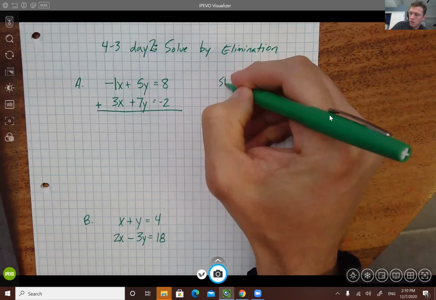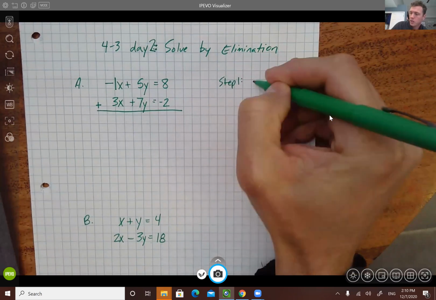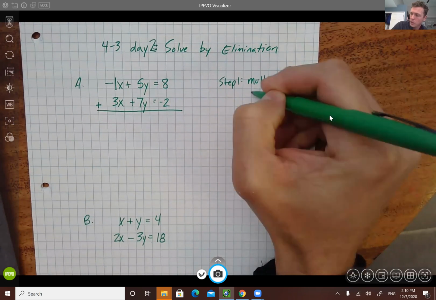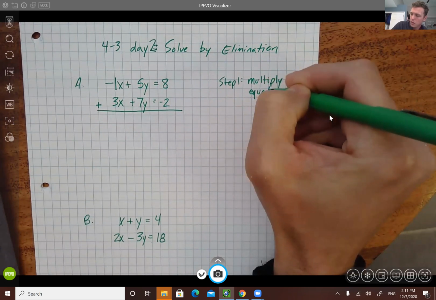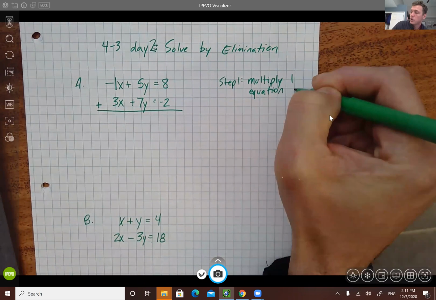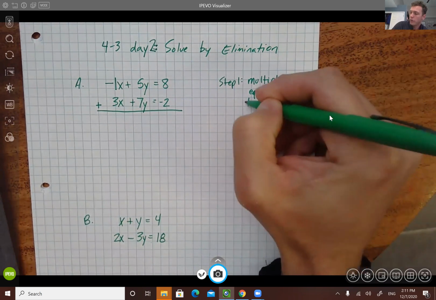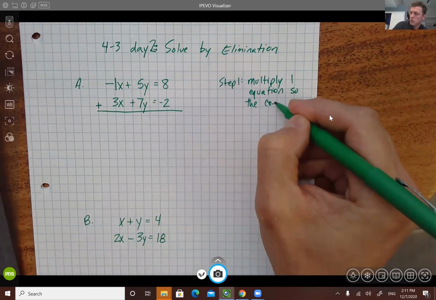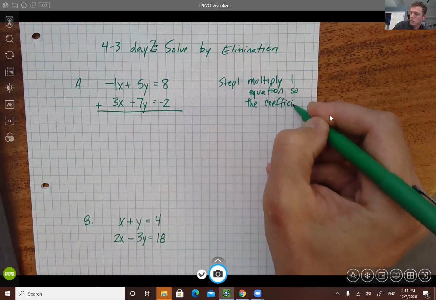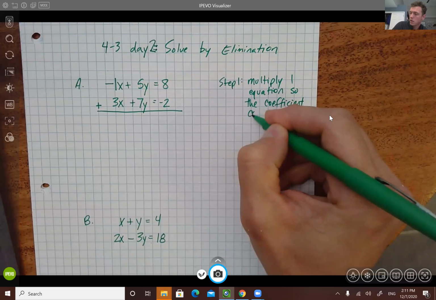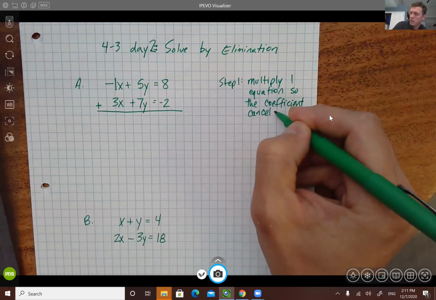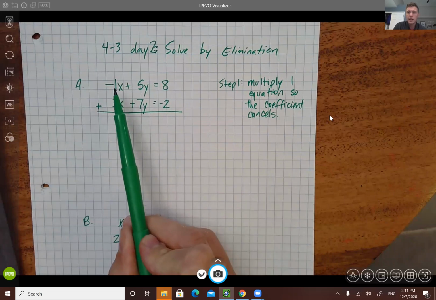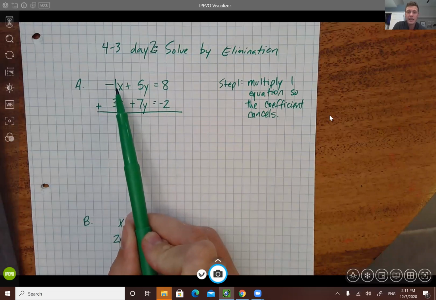Step 1: we want to multiply one equation so the coefficient cancels, right?